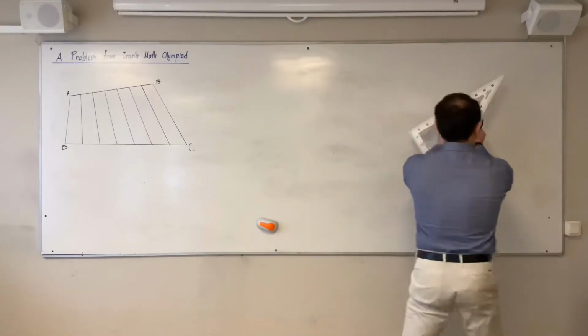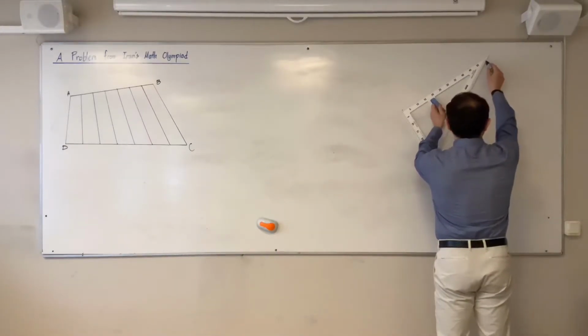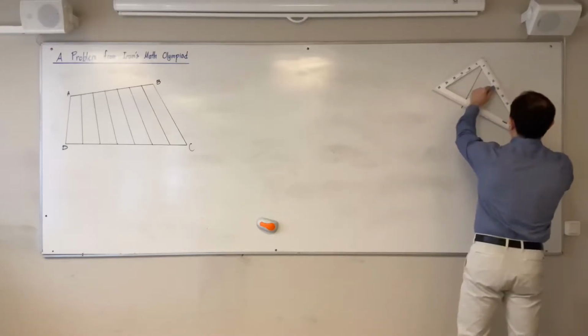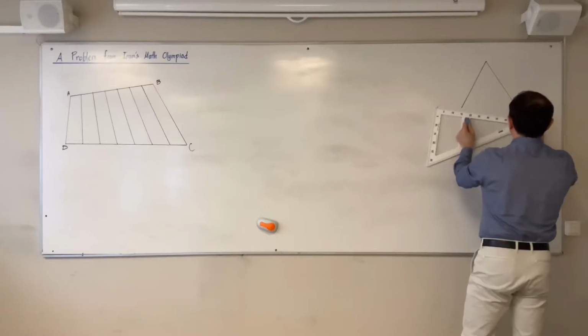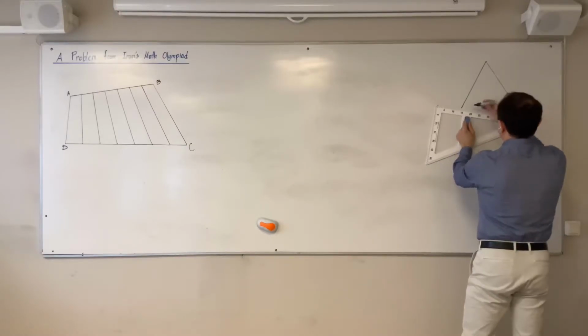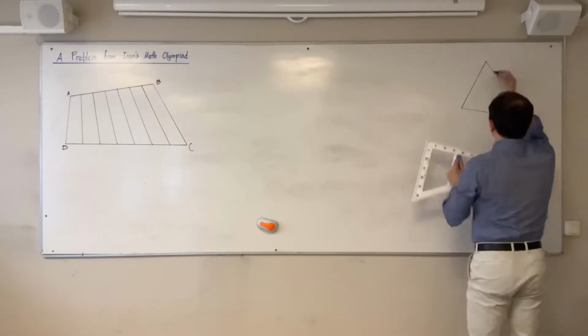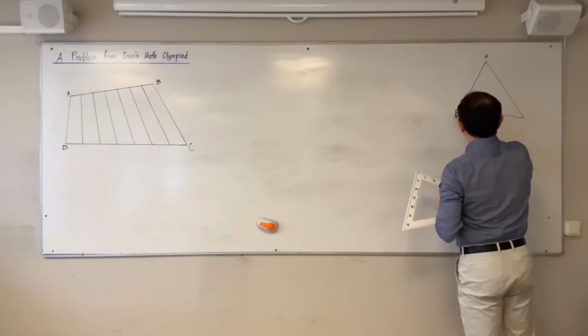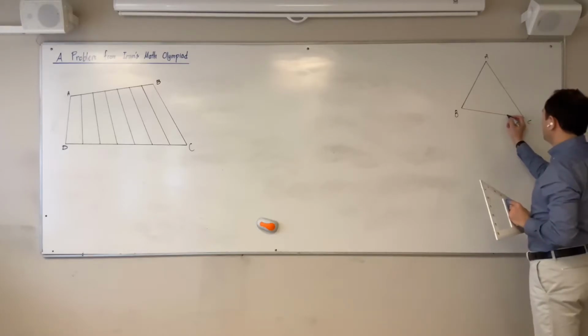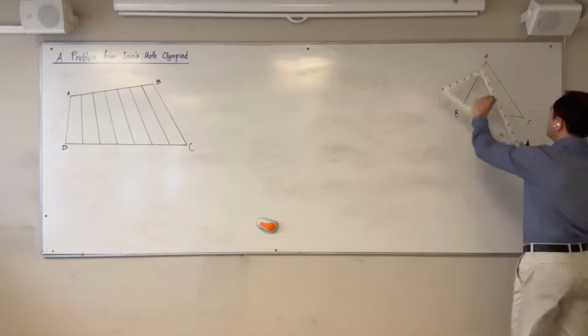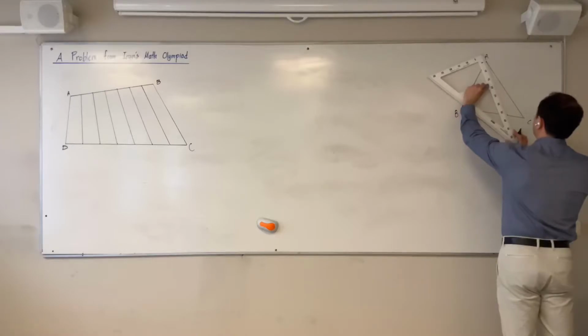So assume that you have a triangle. Let me just draw a triangle here for you. That's the cornerstone of solving this problem. I have triangle ABC, and then I take a random point somewhere here. For example, let me call it X, and then I join A to X as well.